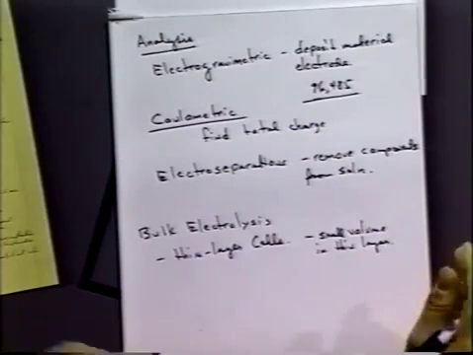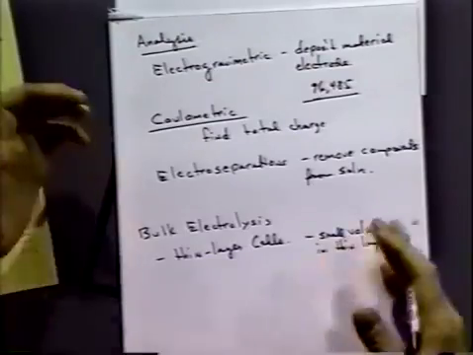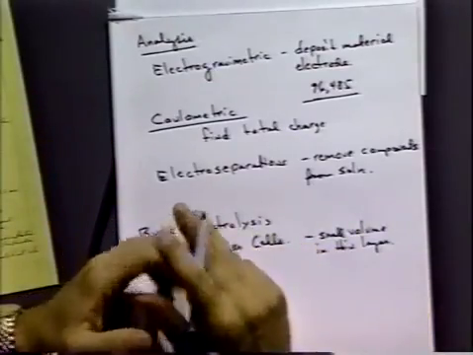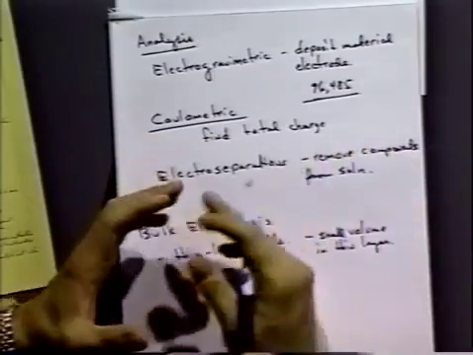Of course, when you have a small amount of material, you don't have very many moles of material to analyze, so the reaction can occur quite quickly, and within a few seconds often you can completely electrolyze that solution and get the amount of charge, and from that you can get, for example, the number of electrons if you need to know that, or if you know the number of electrons, you can get the concentration and so on.